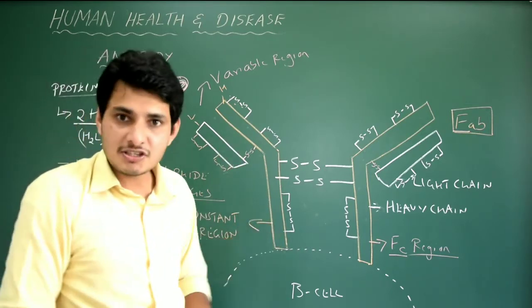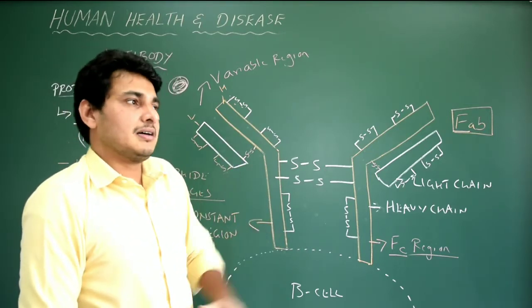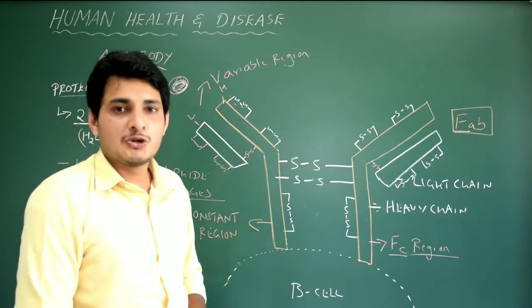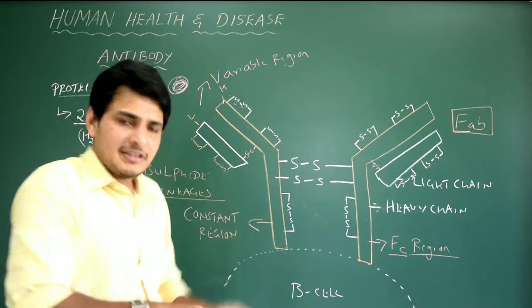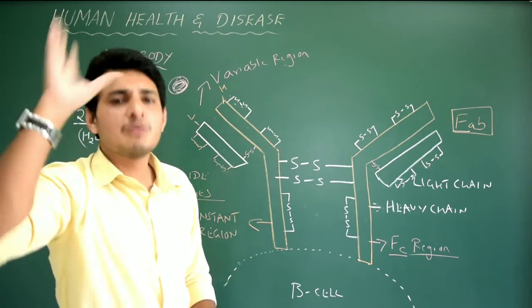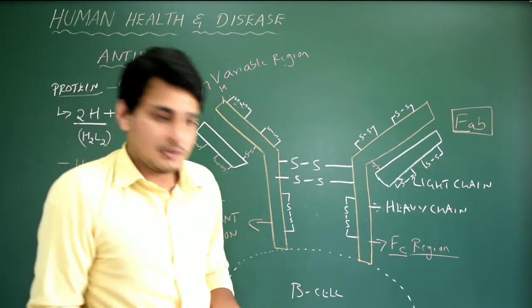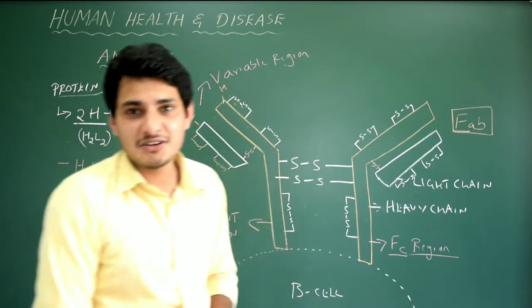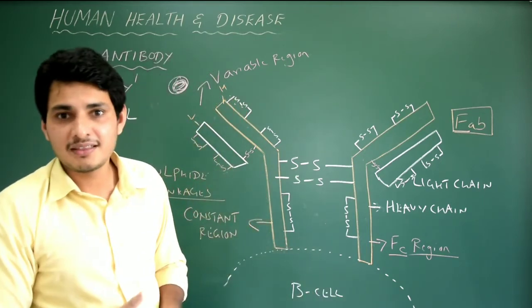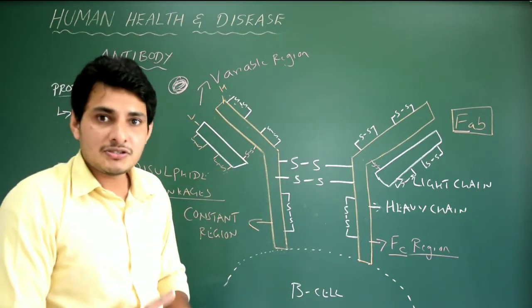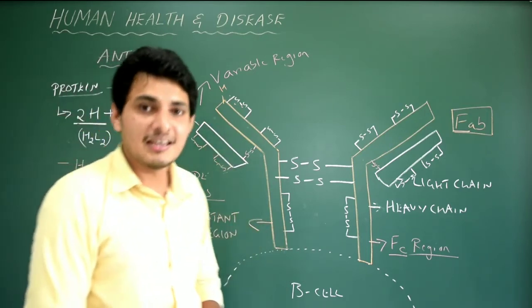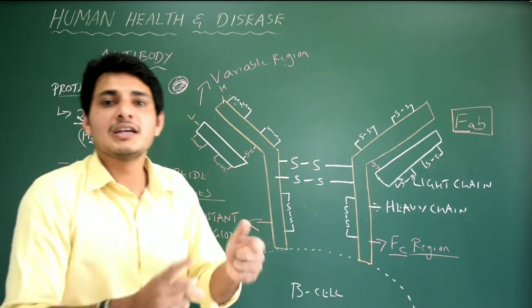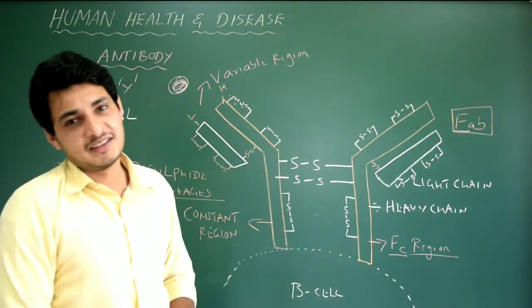Maybe the antibodies fail to kill the antigens released from Salmonella typhi. For example, the same bacteria enters into your body. You may not develop any type of disease. You will not develop any typhoid. That means your antibody is stronger compared to my antibody. This is why the immunity or immune response differs from person to person.